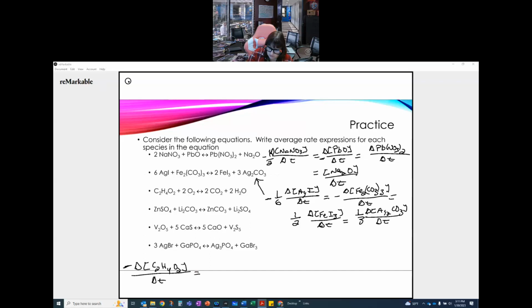That's equal to negative 1/2, because it's a reactant again, change in concentration of O2 over delta T. That's equal to 1/2 times the change in concentration of CO2 over the change in time. And that's equal to 1/2 times the change in concentration of H2O over the change in time. Okay?